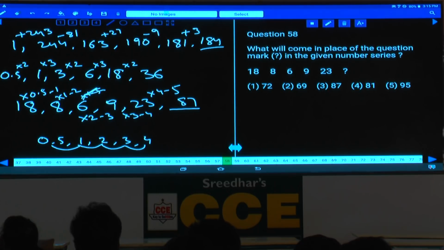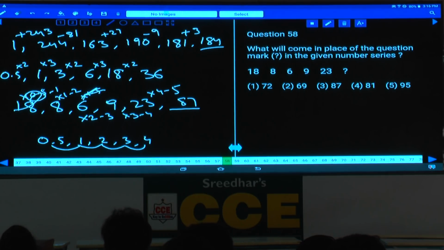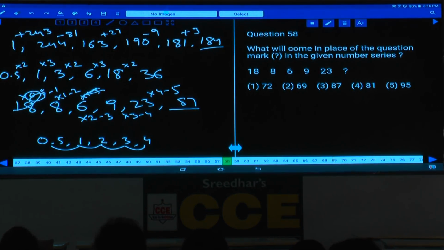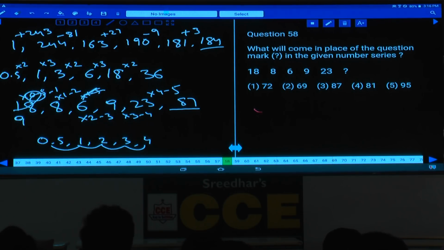But here it must be done with this. Maybe there should be 9 here. Only if it is 9 will it fix, with 9 in the first place of 18: 9, 8, 6, 9, 23.